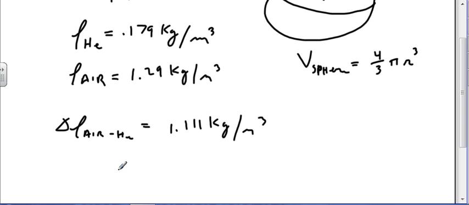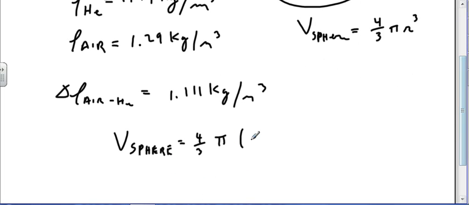So now all we have to do is know the volume of the sphere, four thirds pi r cubed, which is 7.15 meters and the whole thing cubed.